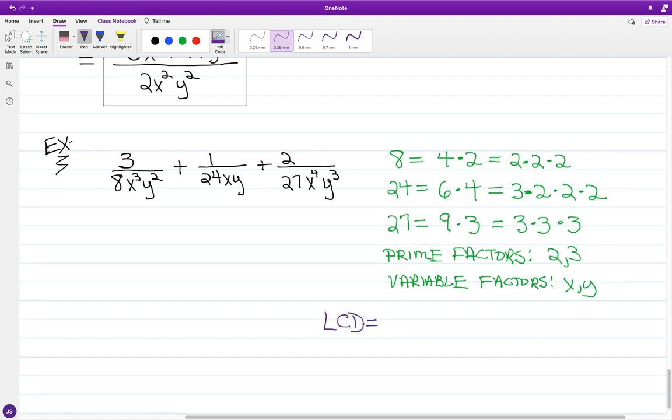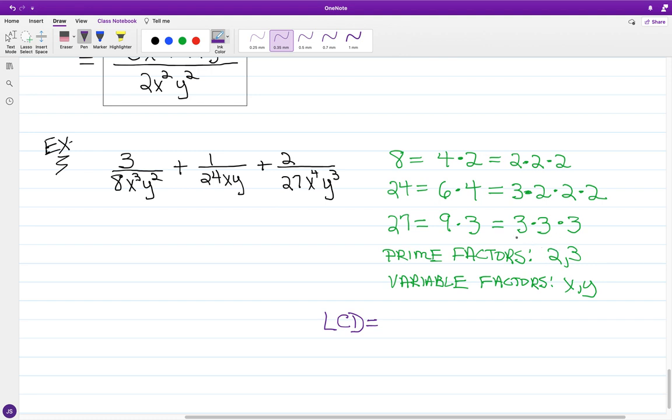Now you've got your prime factors, 2 and 3. So what we want to do here is, from among these three factorizations, draw out the greatest representations of 2 and 3 in terms of how much they are drawn out.